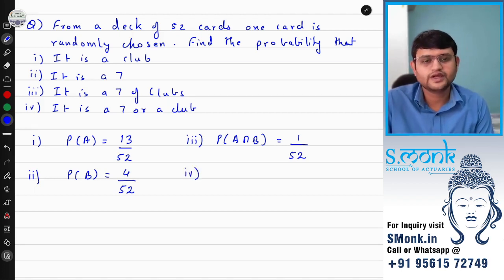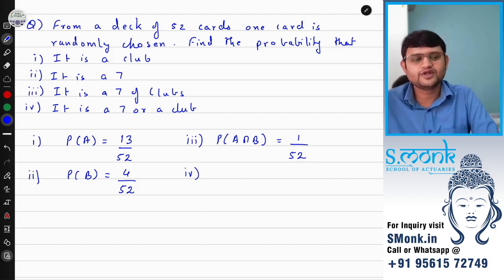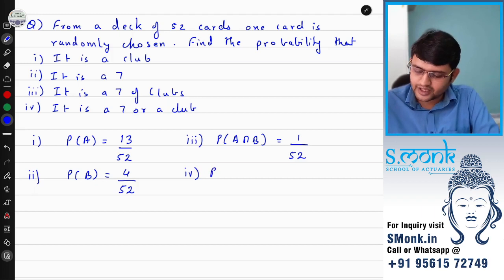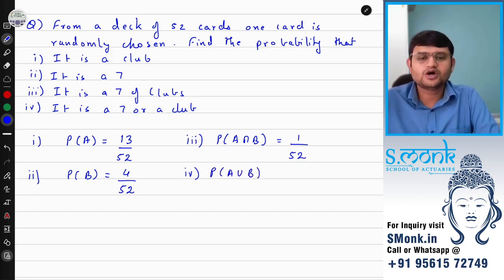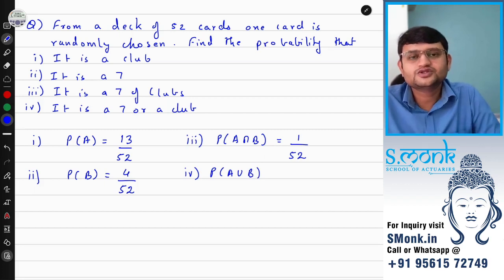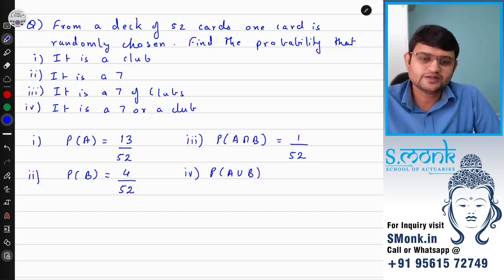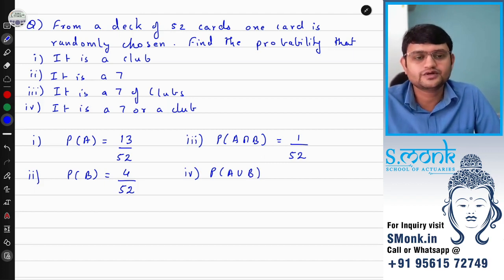Fourth, it is a 7 or a club. When I'm saying 7 or a club, I am saying it is A union B, because I can have a 7 that is not a club as well. I can have 7 of hearts, that will also be part of it.